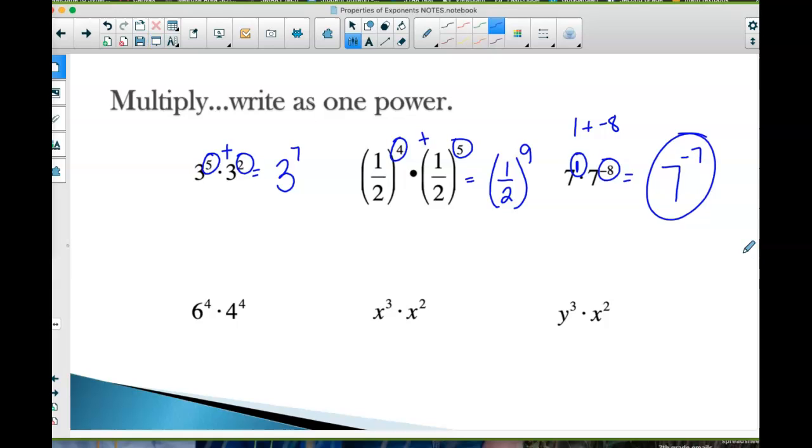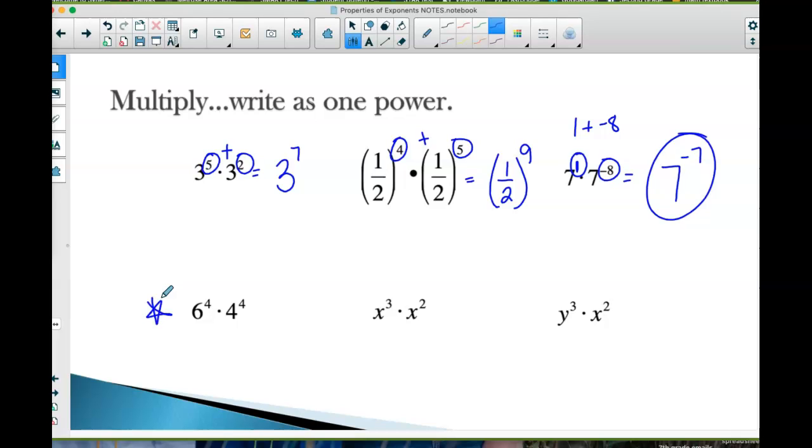Okay, let's look at a couple more. Look at this next one. What do you notice about this next one? Anybody notice anything? There's letters. Okay, let's look at this one right here, though. This one right here does not have letters. The numbers aren't the same.